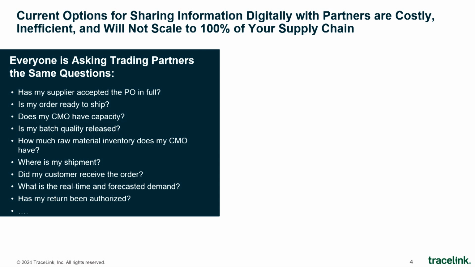Whether the PO was accepted, is the order ready to ship, does the CMO have the capacity, how much raw material is in place, do we have any real-time information on demand, what's the status of the return? These are common questions being asked from all manufacturers to their CMOs and vice versa.